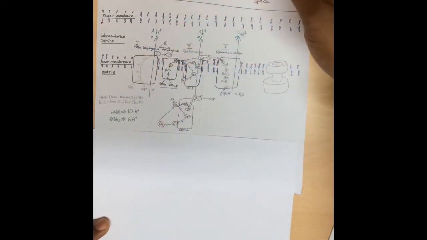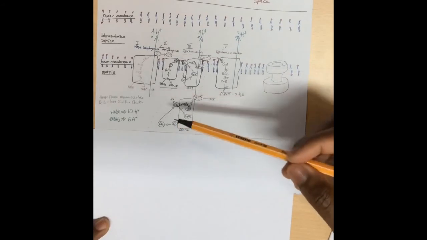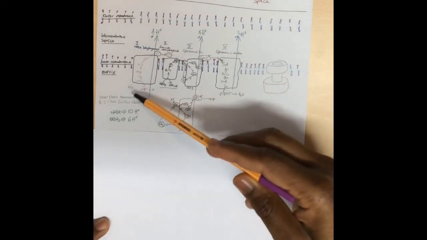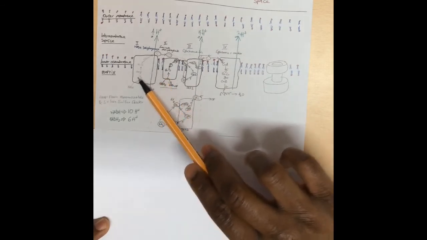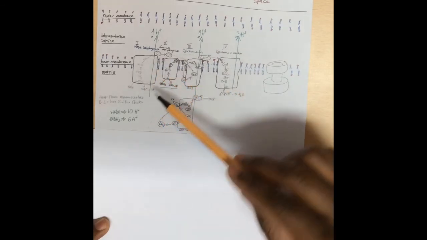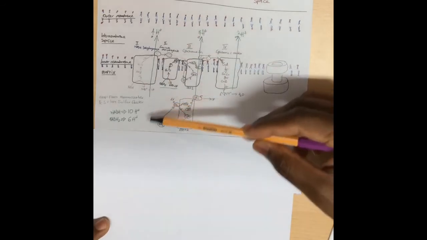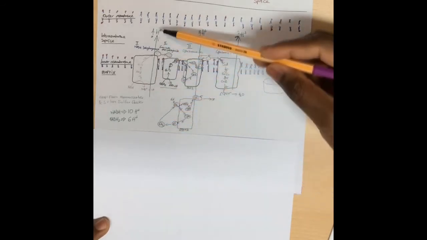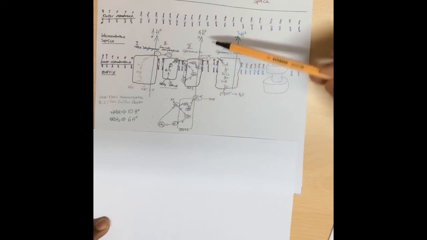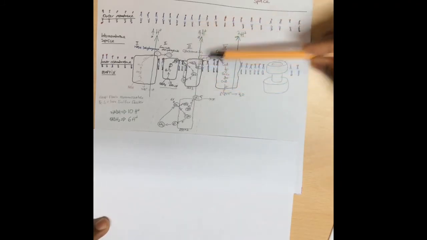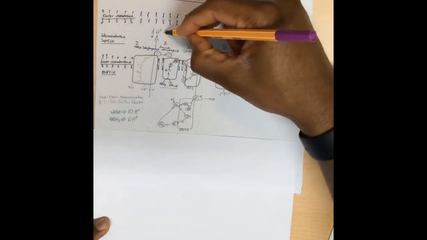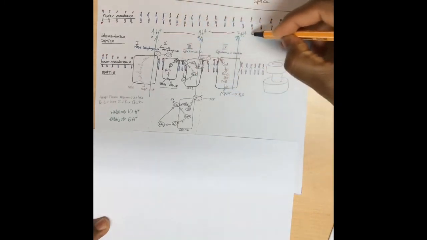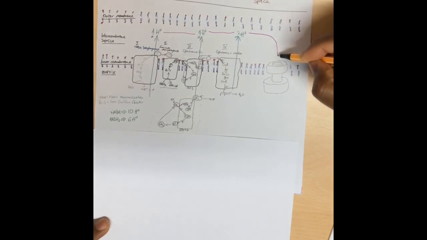So the transfer of electrons from those molecules leads to the production of energy, which is used to pump protons from the matrix of the mitochondria to the intermembrane space. Now that creates an imbalance in proton gradients. These protons then move down back into the matrix via this protein here.